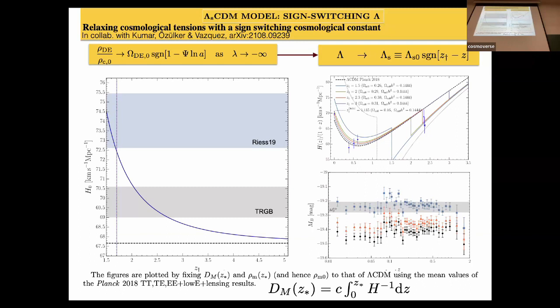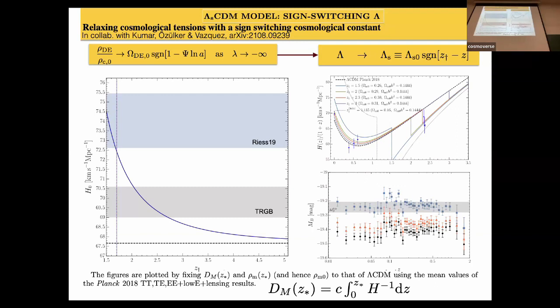So it shows me that if Z dagger can be like 1.7, we can reach the values consistent with the Reyes measurement. Okay, and you can see similar things here. The good thing is here, you will not only reach the Reyes measurement, but also, from using absolute magnitude, we can calculate the absolute magnitude of supernovae.